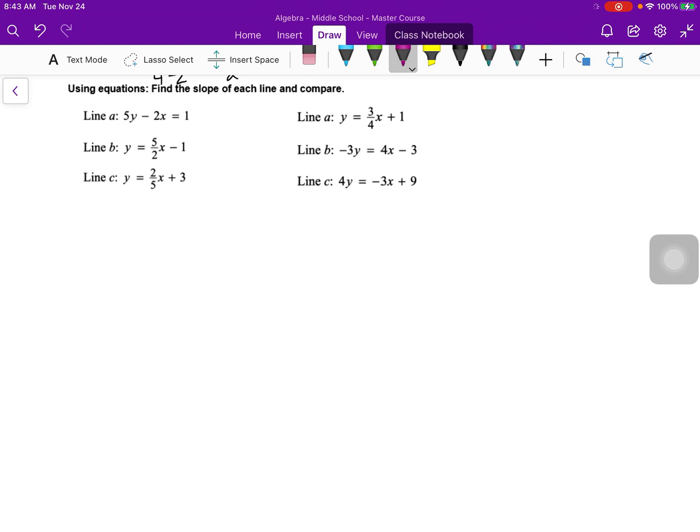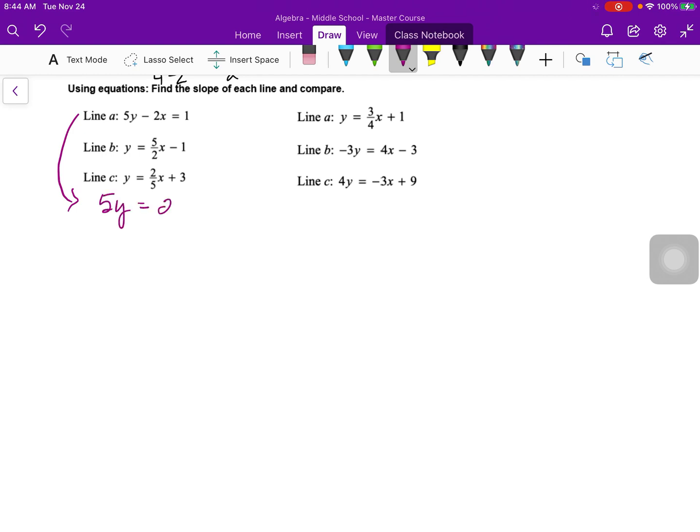In this section, we are using equations to find the slope. And again, we're looking to see, are any lines parallel or perpendicular just by looking at the equations. So I'm going to take a look at this first set, and I can tell that line A is in standard form. So because lines B and C are already in slope-intercept form, the first thing that I'm going to do is rewrite line A so that it's also in slope-intercept form.